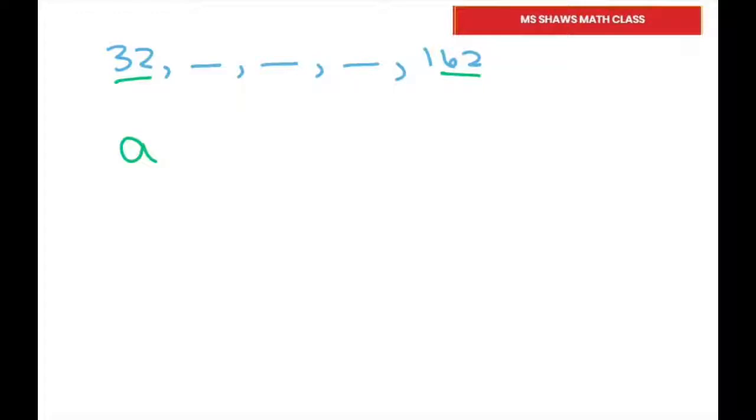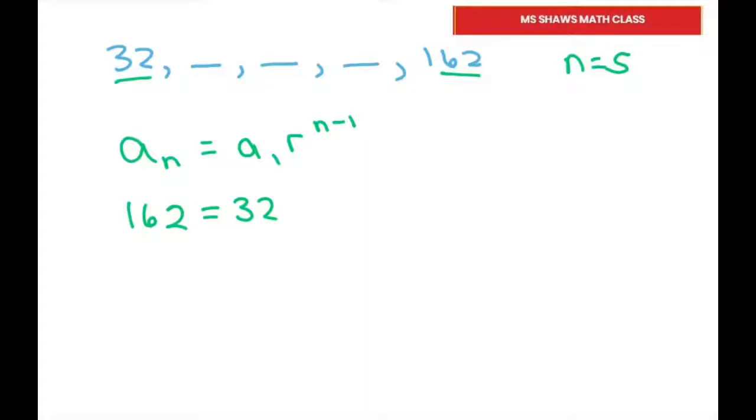So we're going to use a sub n equals our first term times r to the n minus 1. Our n is 5, so we have 5 terms here. So our last term, our fifth term, is 162 equals 32 times r to the 5 minus 1.